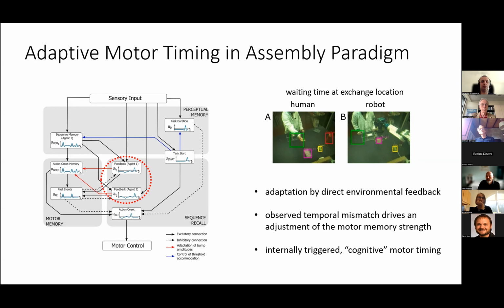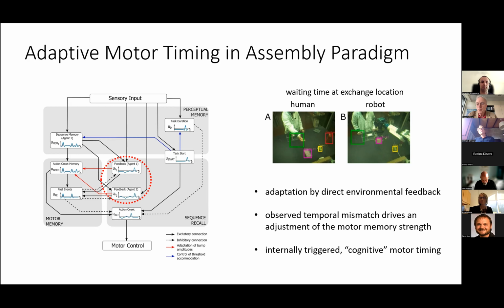So what we do is to modulate the pre-shape, because the difference between the pre-shape level and the threshold for initiating the movement defines the timing. So if we change the pre-shape, increase or decrease it, we change the timing. So this is a mechanism: the observed temporal mismatch drives an adjustment of the motor memory strength.